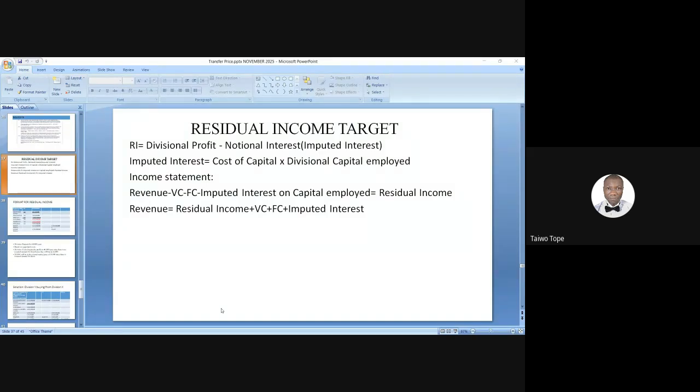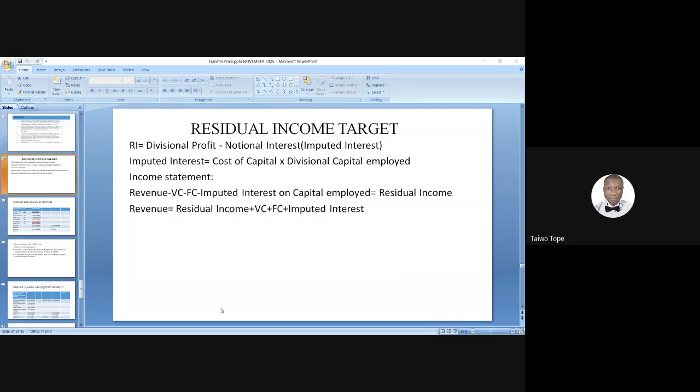The notional interest is the interest given the cost of capital on your capital employed. So it is your controllable profits, operating profit or divisional profits, less your notional interest or imputed interest. And your imputed interest is computed as cost of capital multiplied by capital employed.